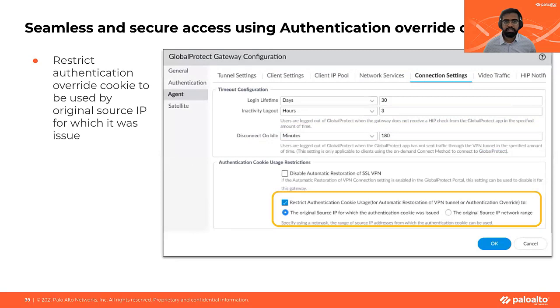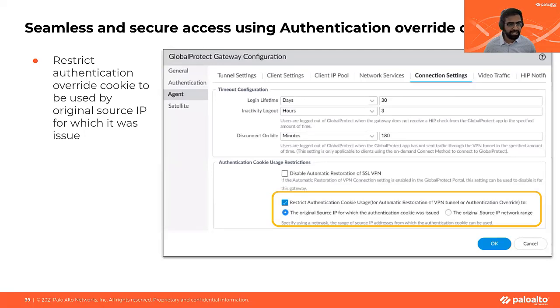Secondly, to configure the GlobalProtect portal or gateway to accept cookies only from endpoints with a specific IP address or with a specific IP address range, enable the option to restrict the authentication cookie usage for automatic restoration of VPN tunnel or auth override, as you can see in the screenshot, to one of these values, and then configure the following.